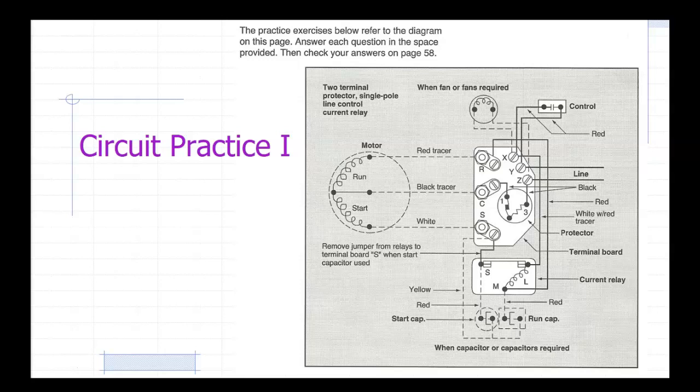So I'm going to start tracing it. It goes down to L on our current relay, and it goes up to X. Does that make sense? So that's all just tracing that wire.